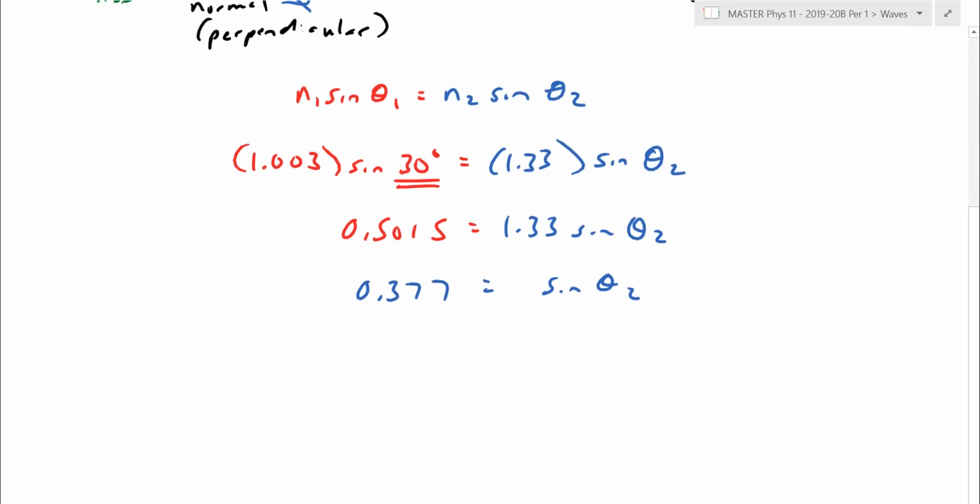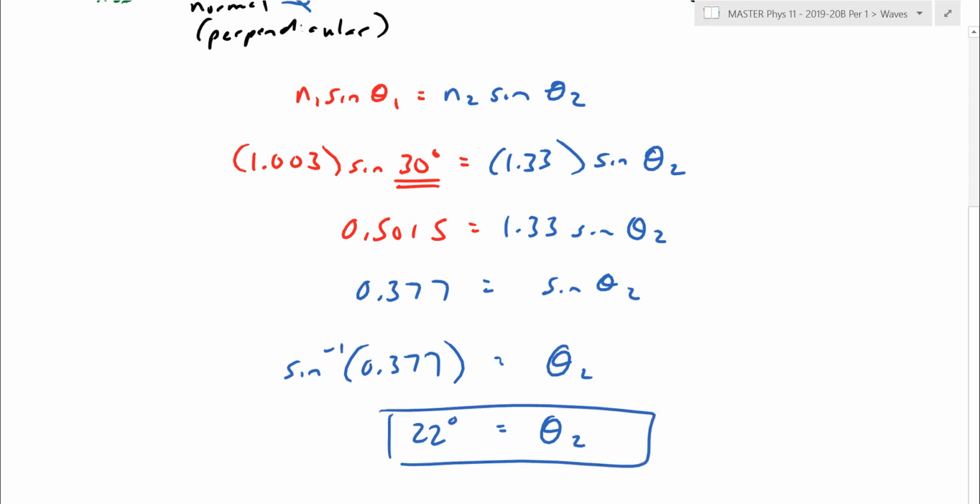And then this time what I need to do is find theta again. I need to undo the sine. So if you can go shift sine or inverse sine, arc sine, and therefore I'm expecting something less than 30. Making sure you're in degree mode here, inverse sine of that decimal, lo and behold, 22 degrees.